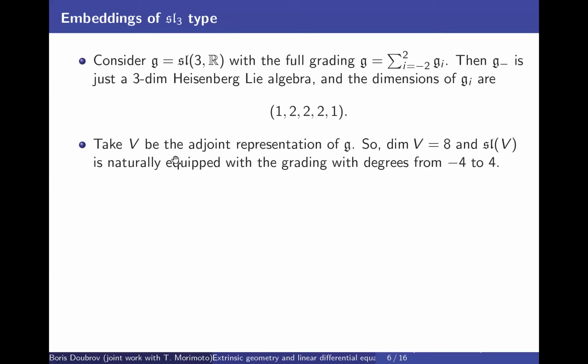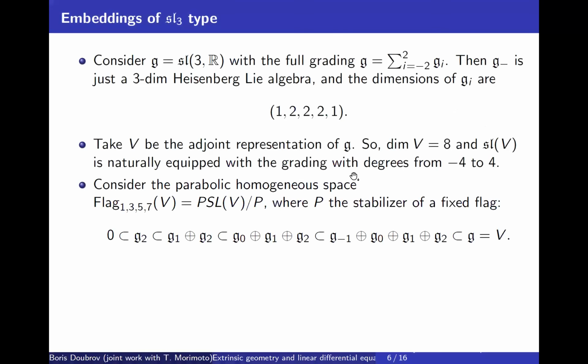So V will also be equipped with a grading, but now based on the block diagonal decomposition of R8 into blocks of dimensions exactly 1, 2, 2, 2, 1. So altogether it's 8. And similarly, it will have a grading with degrees now coming from -4 to 4, because we have, for example, 5 blocks on the diagonal.